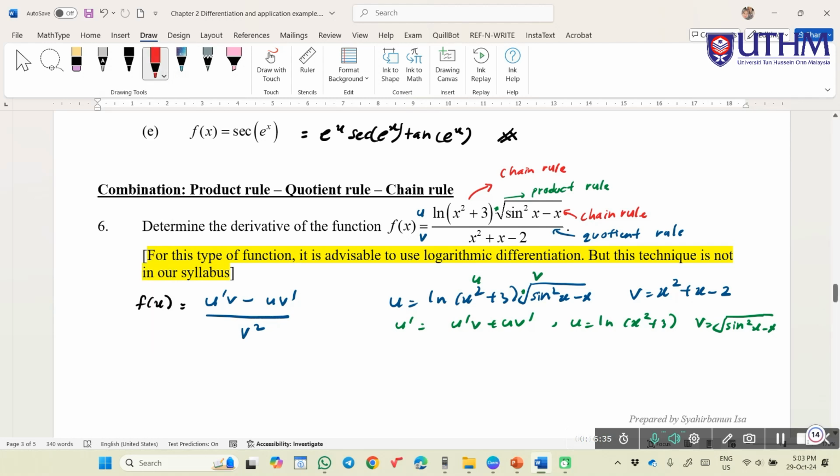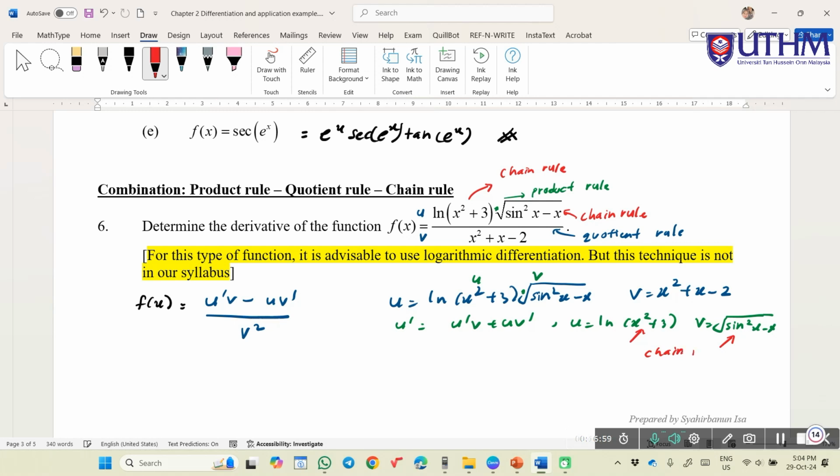After we apply the product rule, we can find the u prime and v prime, and substitute finally into the quotient rule. However, to find the u prime for the product rule, we need to consider the chain rule.